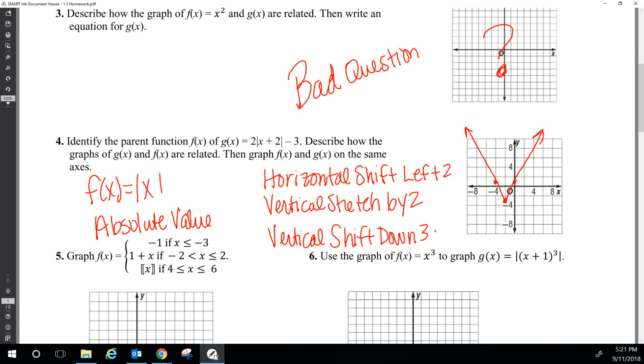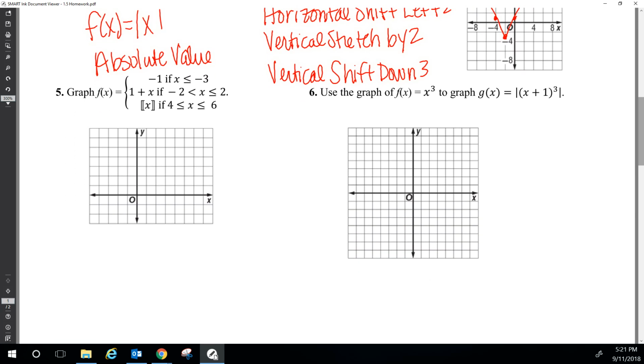There you go. For number 5, we have a piecewise function. When x is less than or equal to negative 3, we are talking about this portion of the graph. My y value is negative 1, all the way up to negative 3, including negative 3. Pretend like that is a nice flat horizontal line.